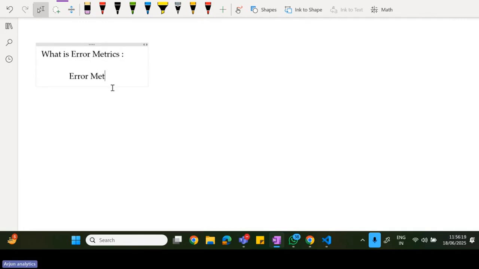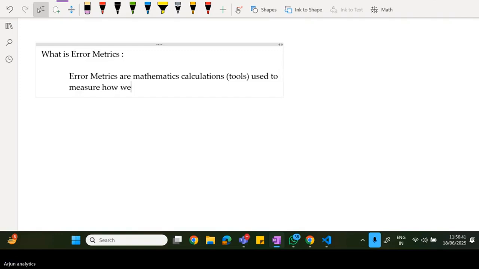Error metrics are mathematical calculations or tools used to measure how well a model's predictions match the actual values.